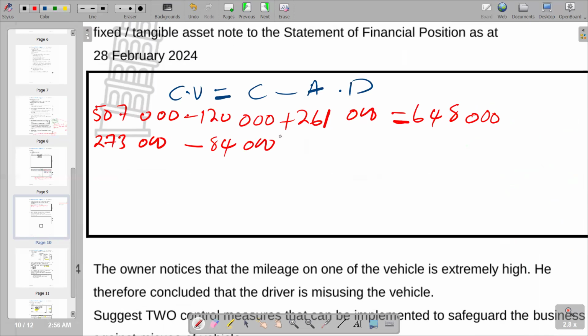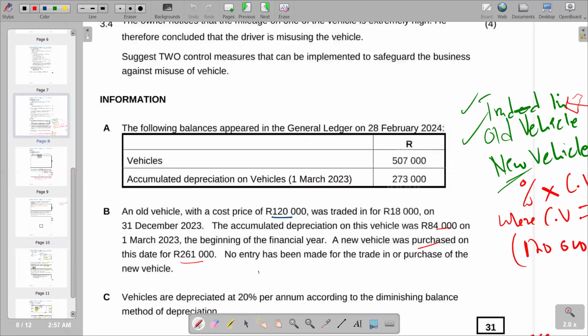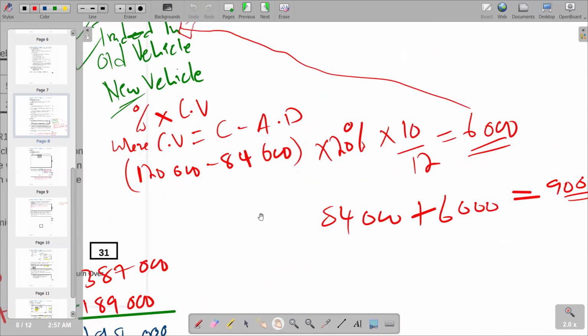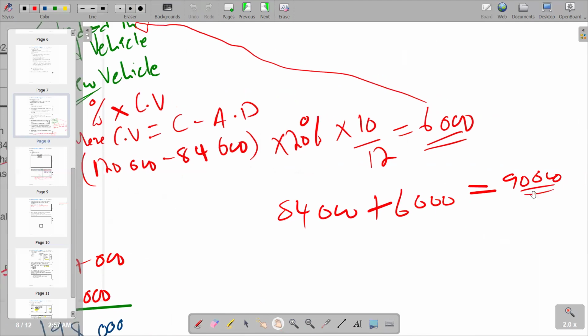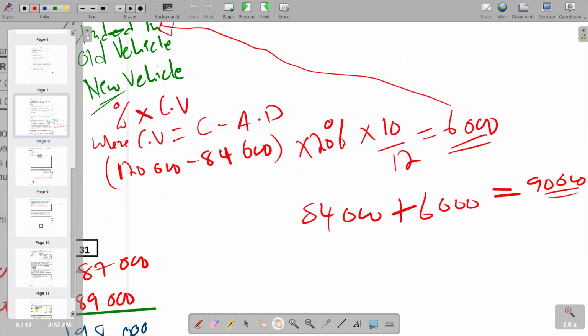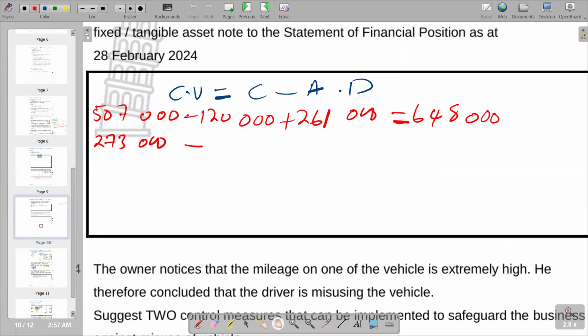Alternatively, we can do it this way so that it becomes simple for you to comprehend. We just subtract the total accumulated depreciation of that asset that has been disposed. Remember, we calculated 84,000 that we had at the beginning, plus the depreciation for the year for the traded in vehicle, we get total accumulated depreciation of 90,000. So basically, you can just say minus 90,000 so that it becomes simple.